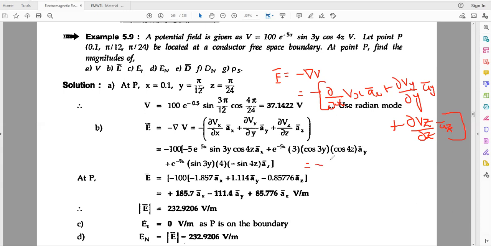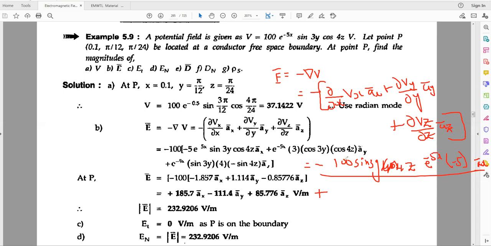So the first term is 100 sine 3y; cos 4z is constant, and e power minus 5x into minus 5 is the first term, with the Ax bar coefficient.